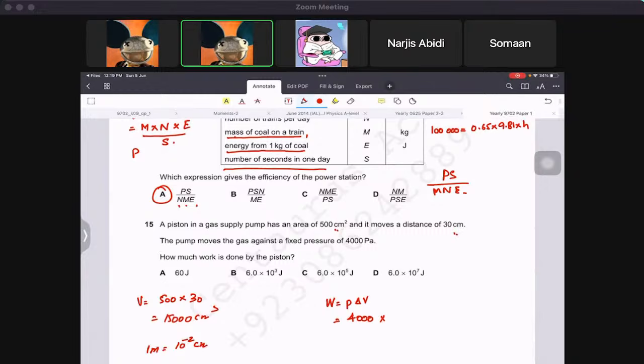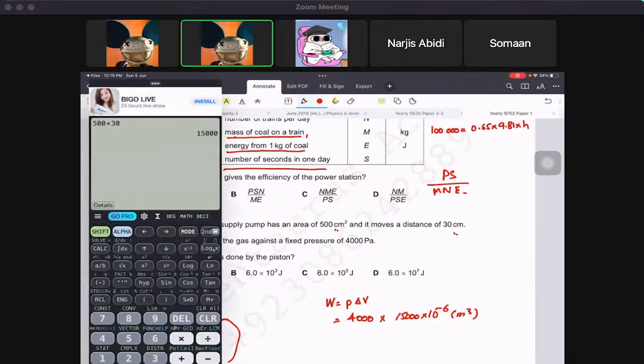A meter cube would be equivalent to 10 raised to minus 6 centimeter cube. So 15,000 times 10 raised to minus 6 would give us in meter cube. Now 4,000 times 15,000 times 10 raised to power minus 6. So that's 60 joules. A.